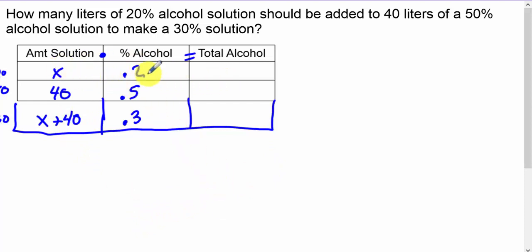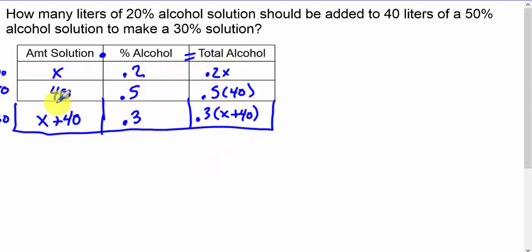And then multiply across: 0.2x and 0.5 times 40. We could put that as 20, but I didn't. And this is going to be 0.3 times x plus 40. Now, what we know is there was some alcohol in the 20% solution.